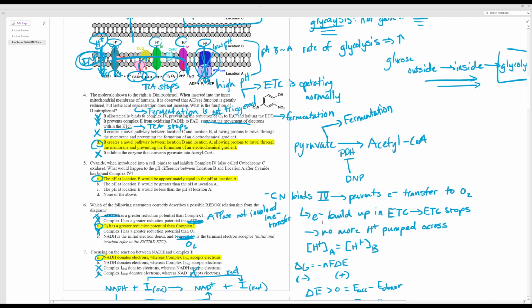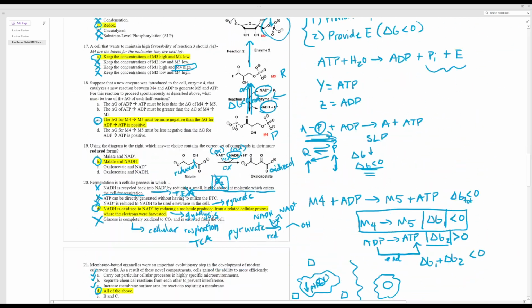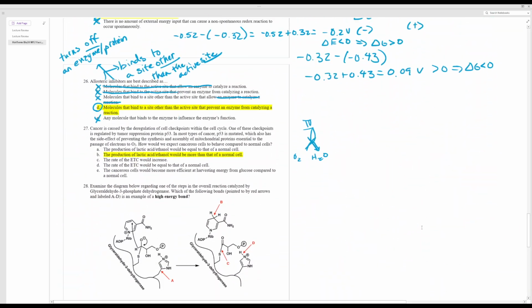The electrons build up in the ETC and the ETC stops. So in this case, what we're doing is we're preventing O2 from getting these electrons. Electrons build up, and the ETC stops.